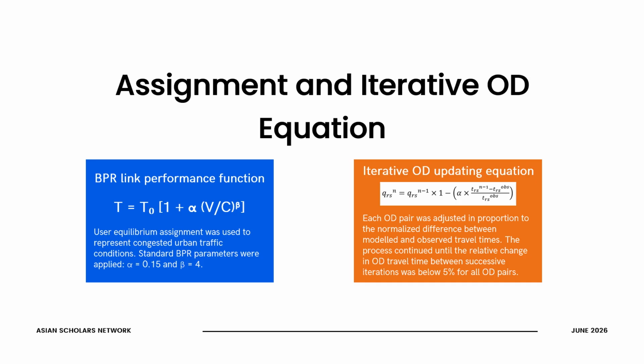After assignment, the modeled OD travel times are compared with the observed OD travel times. Then each OD pair is adjusted in proportion to the normalized difference between the modeled and the observed travel times. In other words, if the assigned travel time is still not consistent with the observation, the OD flow is updated and reassigned. This iterative process continues until the convergence criterion is satisfied.